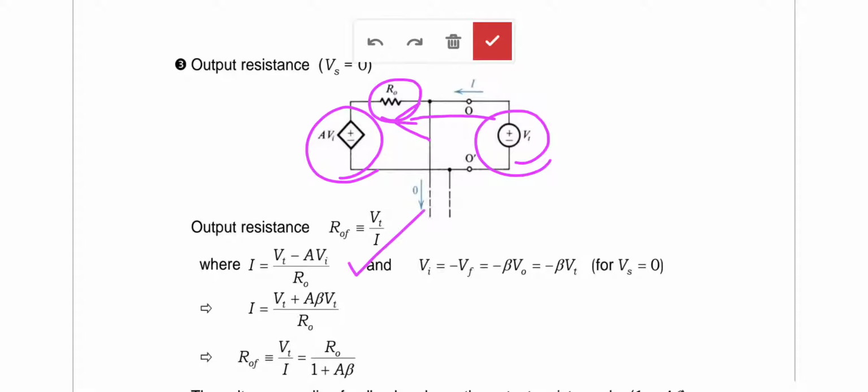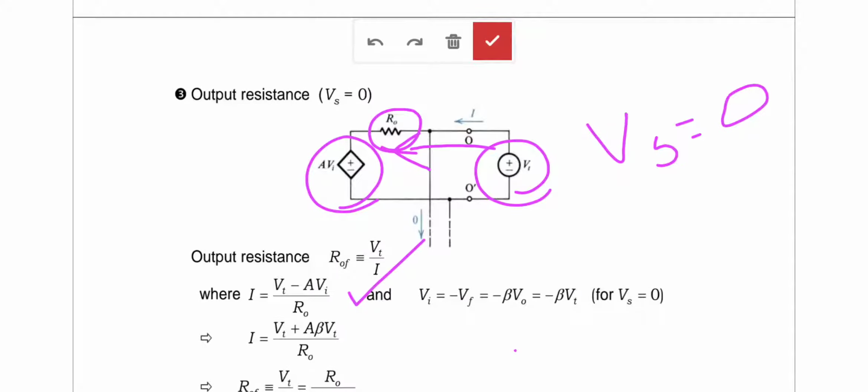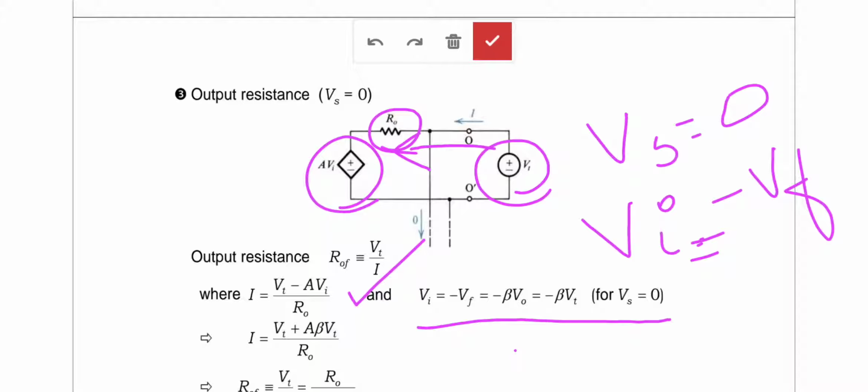So we are substituting it here: I is equal to (Vt minus AVi) by RO. Since Vs is equal to 0, in the main figure the input Vi is nothing but minus Vf. So what is Vf? Beta V0. So Vi is equal to minus Vf, which is equal to minus beta V0.